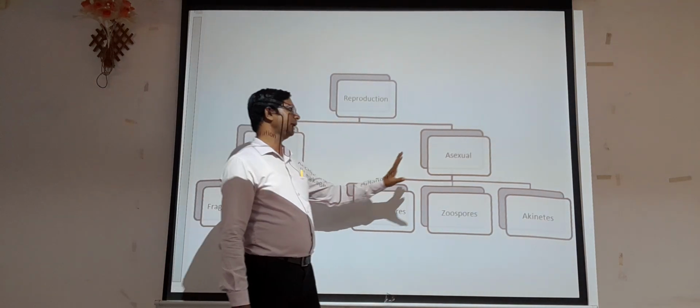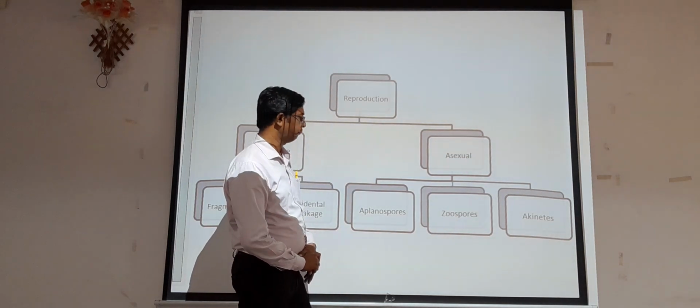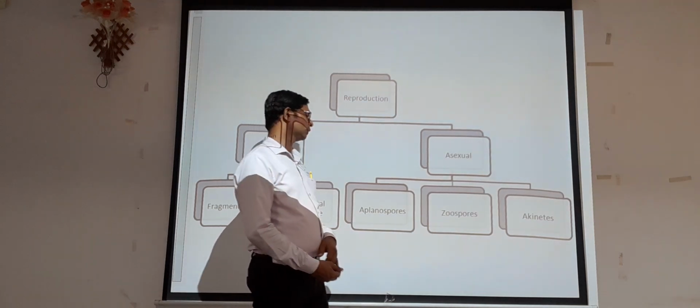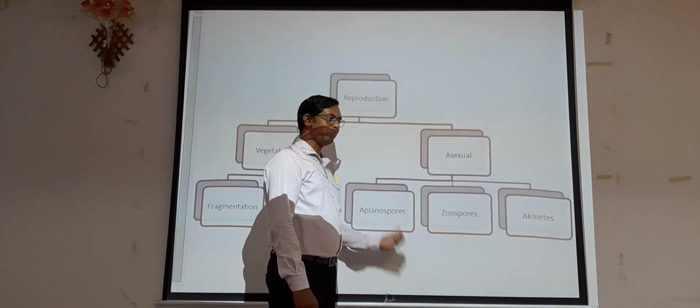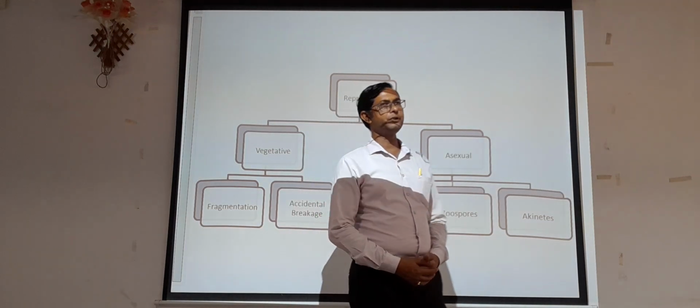On the other hand, there is another type of reproduction known as asexual reproduction. Asexual reproduction basically takes place by three means: aplanospore production, zoospore production and akinetes.